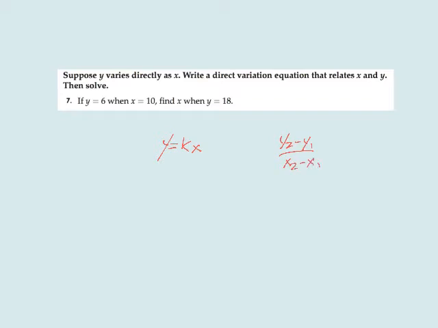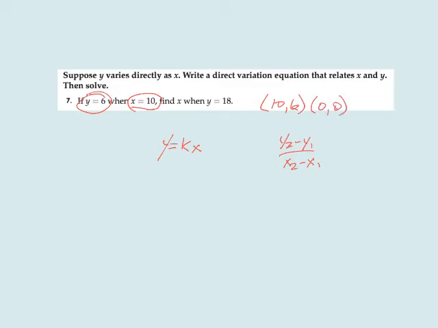A lot of people have figured out different ways to do it, and that, by the way, is the whole idea. There are lots and lots of different ways to do this. But if I do the slope, I have to think of 2 points. Well, they give me one here. It tells me that x is 10 and y is 6. So ordered pair, x comes first, then y. And another one, since it's a direct variation equation, would be 0, 0.